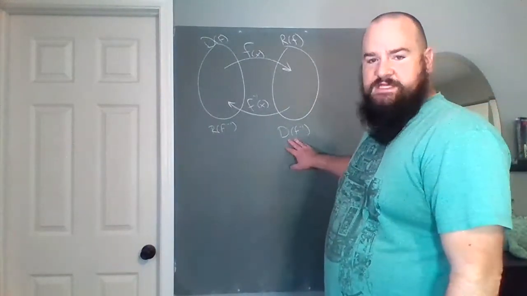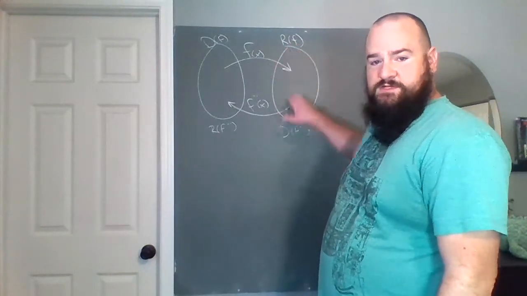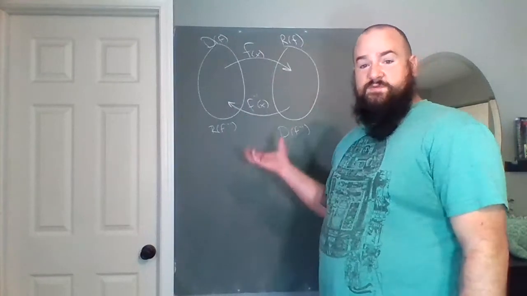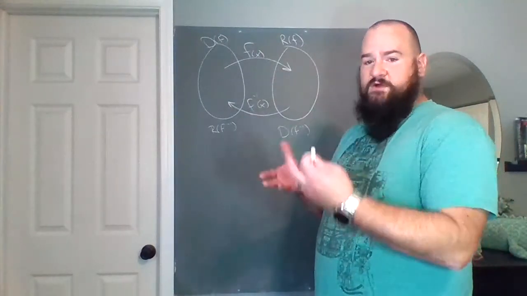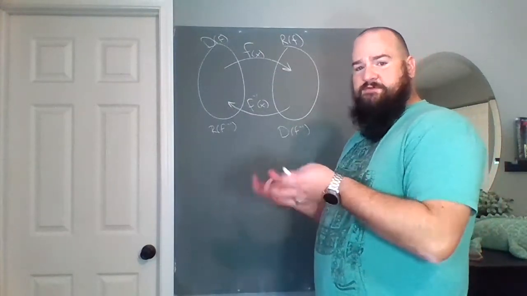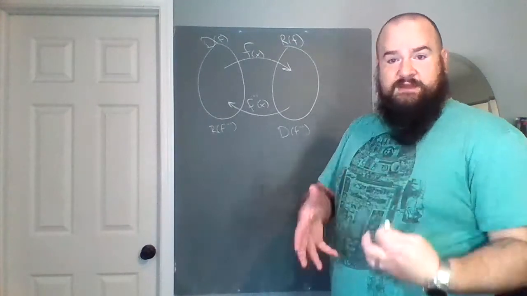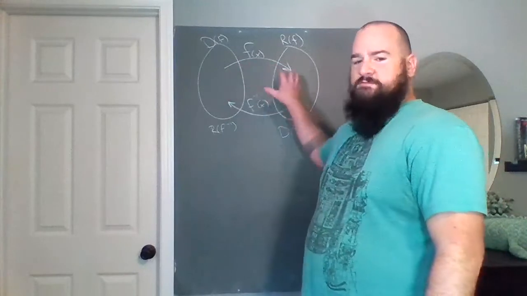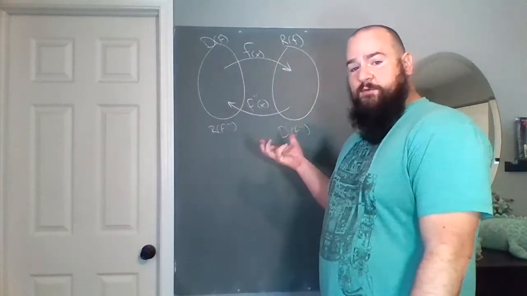So the domain of the inverse is the same as the range of the original, and the range of the inverse is the domain of the original. So if I know what a function is, I can find its range by finding the domain of its inverse. That's really cool. This relationship is really important, and it helps us a lot.